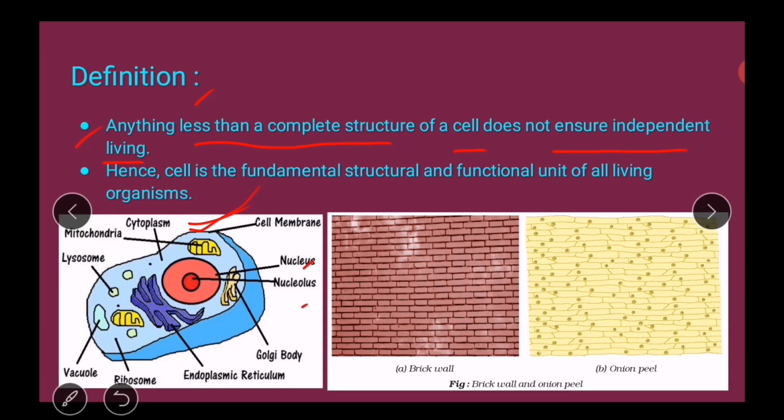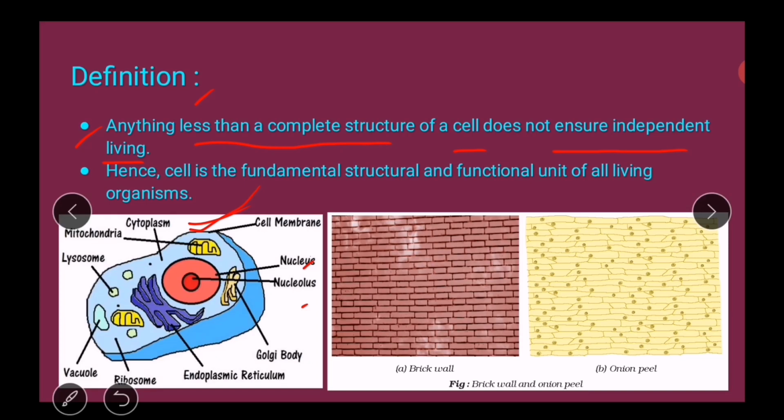Now just imagine in your head, you remove these parts, cytoplasm, nucleus, Golgi body, endoplasmic reticulum. Once you remove all its parts, will you still call this cell a living thing? Well, the answer is no, because it will not be living anymore.